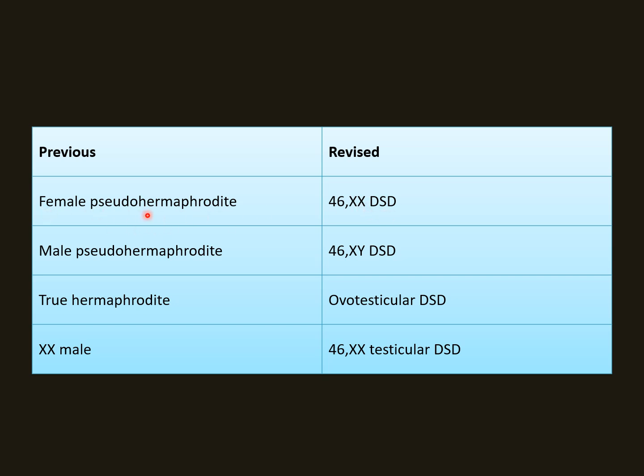So female pseudo-hermaphrodite is now 46XX DSD, and male pseudo-hermaphrodite is 46XY DSD. True hermaphrodite is ovotesticular DSD, where they have ovaries and testes, maybe ovary on one side and testes on the other side. XX male is 46XX testicular DSD.